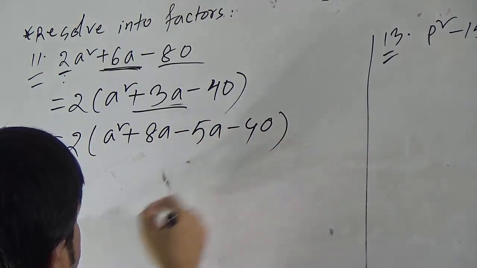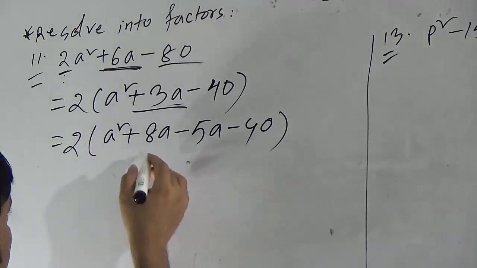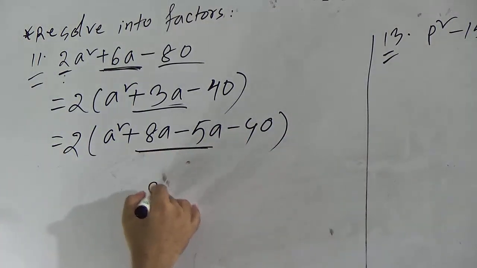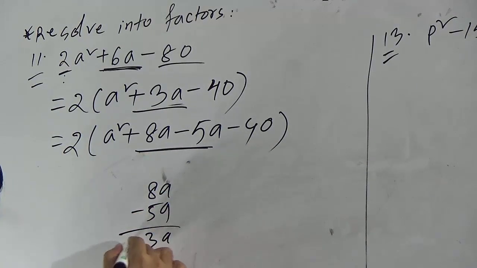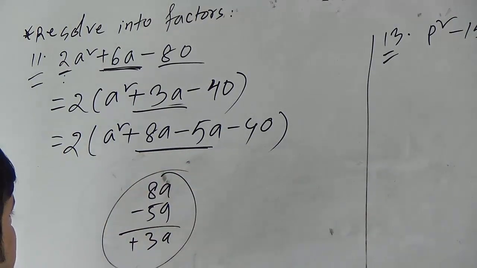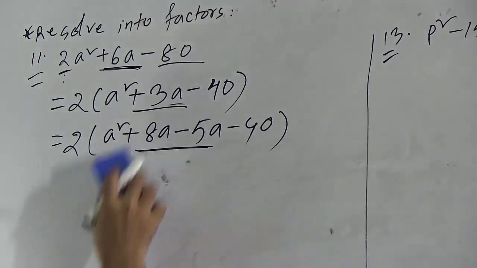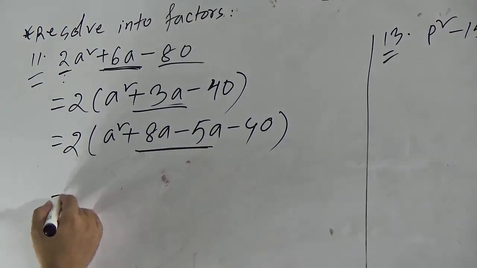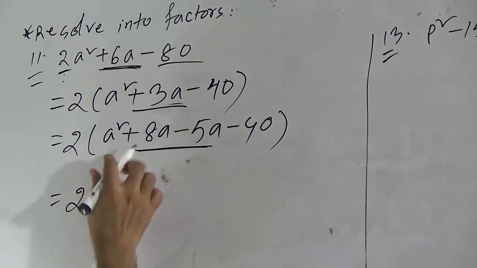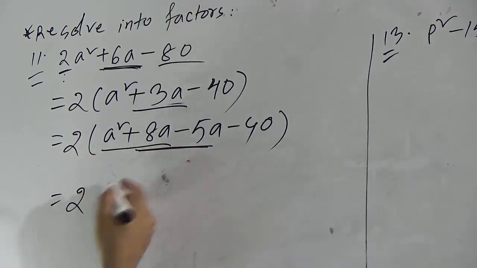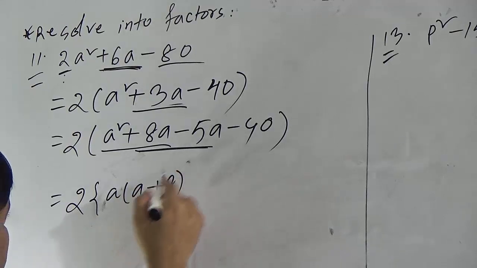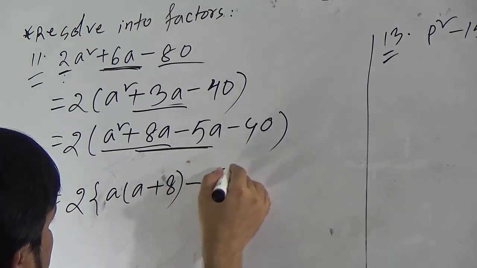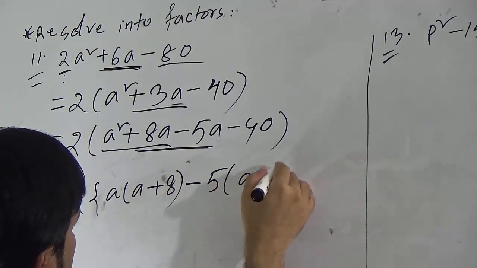Minus 40. Now calculate here: plus 8a minus 5a means plus 3a. So we have written the middle term into two terms. Now we can take a as common from these two terms: a plus 8. Then take minus 5 as common: a plus 8.